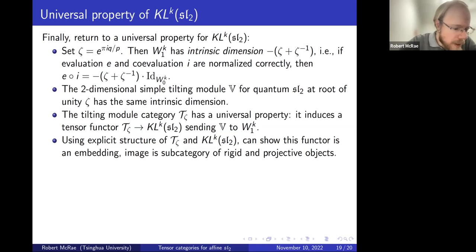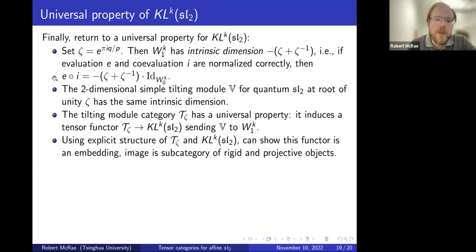Okay, so maybe in the last few minutes, I'll just say a little bit more again about this universal property of KLK. Now that we have some information about the structure of KLK, we can compare it to quantum group categories. So again, there's this root of unity, zeta, which comes from basically exponentiating the shifted level. Then this rigid Weyl module WK1 has intrinsic dimension minus zeta inverse.